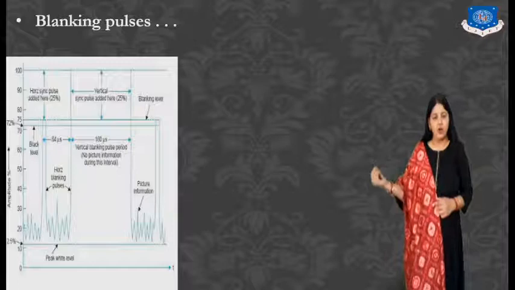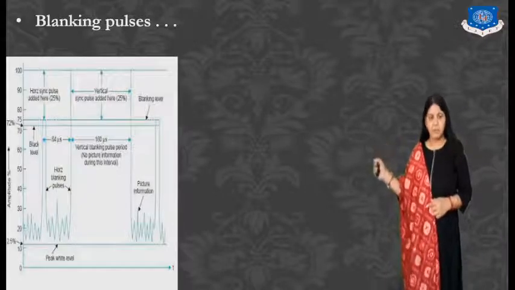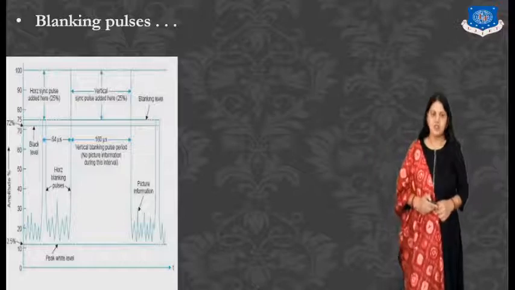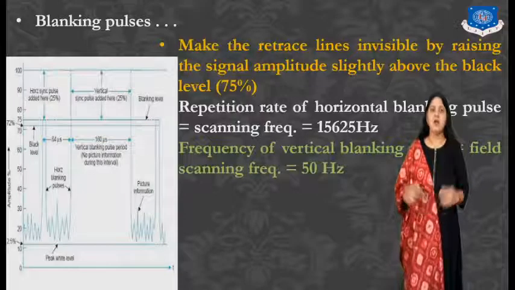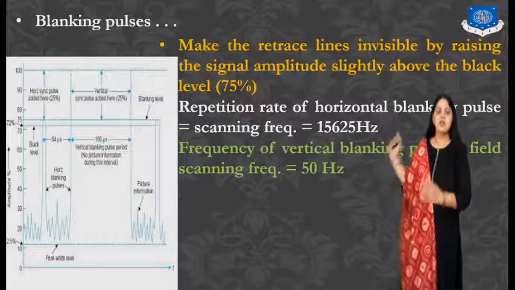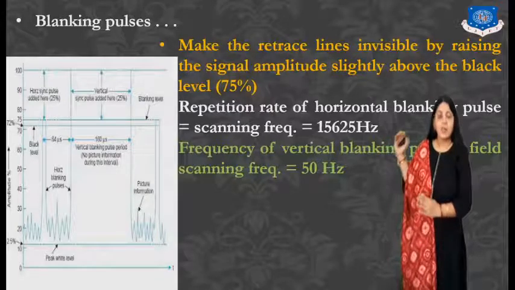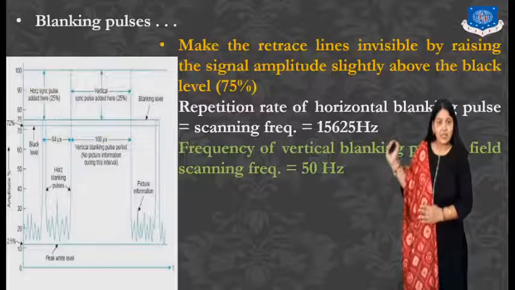This blanking pulse makes the retrace invisible by raising the signal amplitude slightly above the black level.